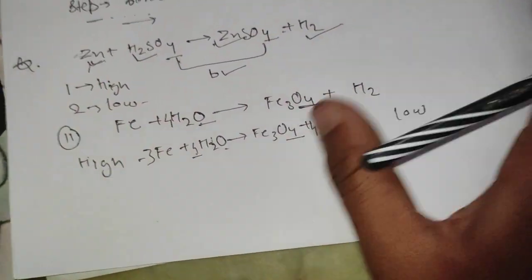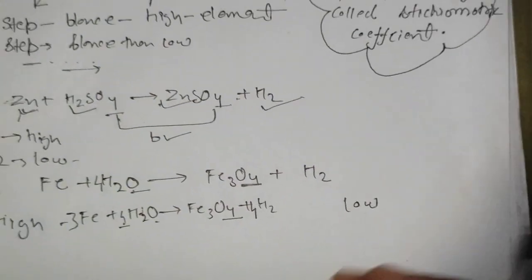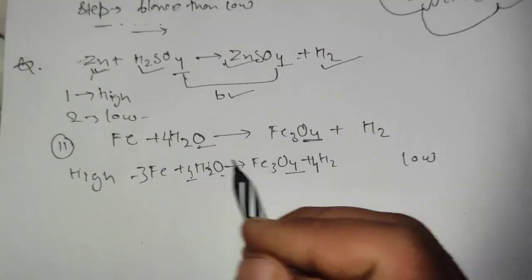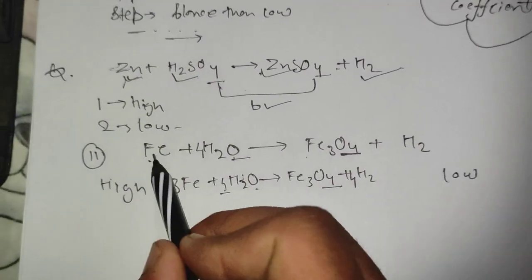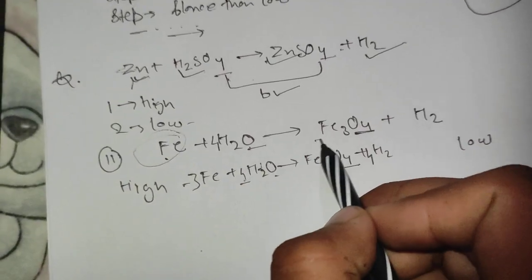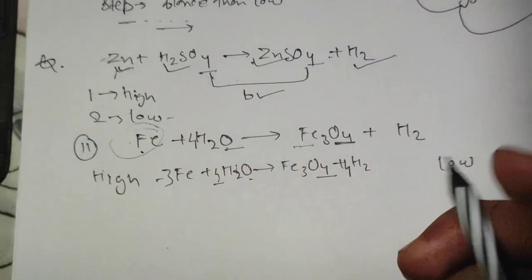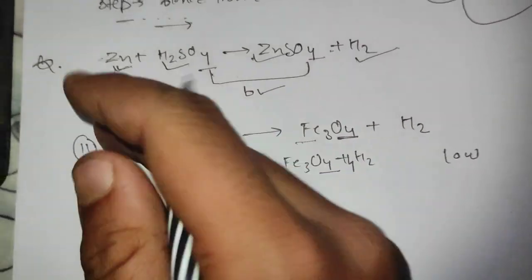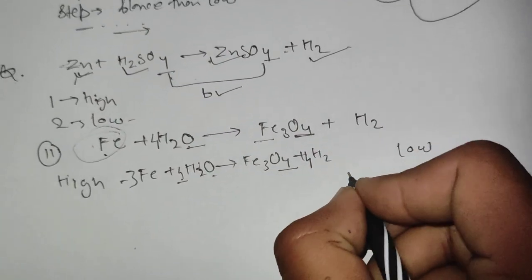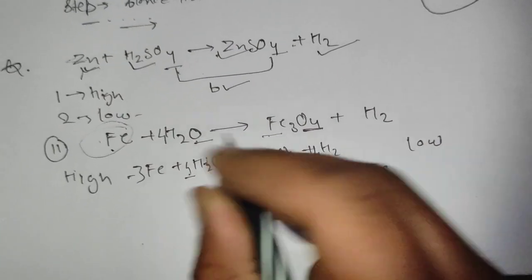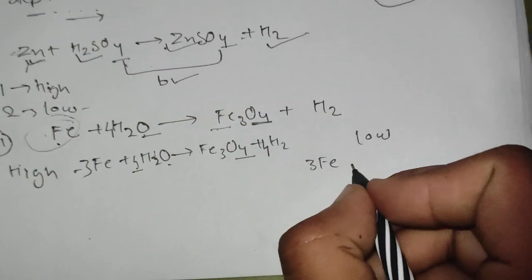Now if we start with the lower part, here is iron 3. So here we can see the iron is multiplied by 3, to match both sides.